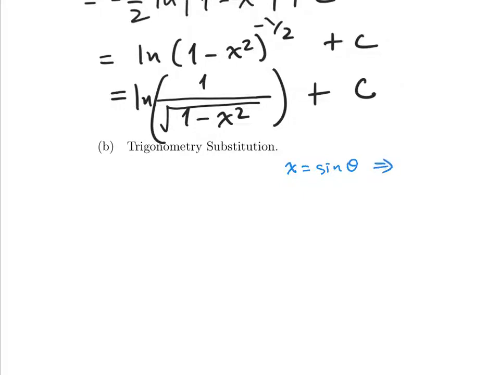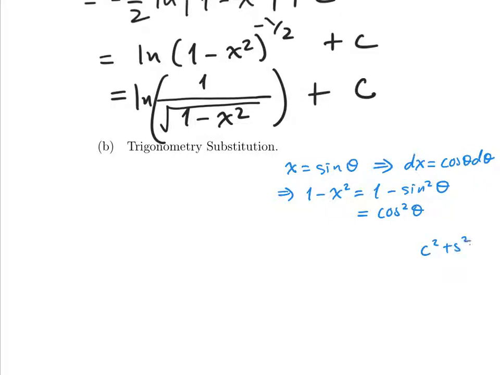So that means dx equals cosine theta d theta, and this implies that 1 minus x squared is 1 minus sine squared theta, which is the same thing as cosine squared theta, using the identity that cosine squared plus sine squared equals 1.